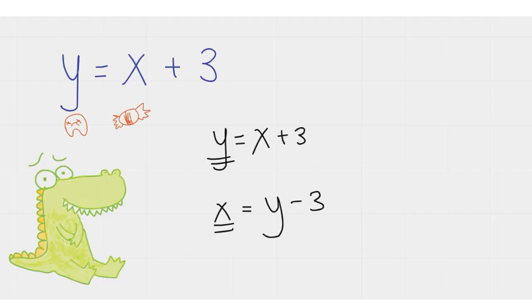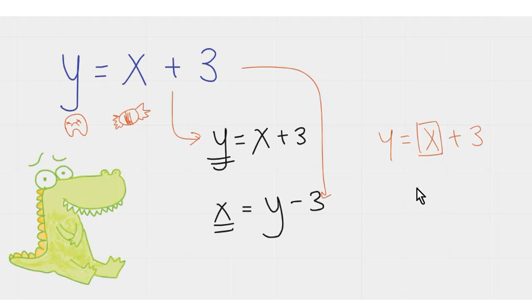I found this equation because it was given to us by his dentist, and I found the bottom equation by rearranging the original equation. So y was equal to x plus 3, and we want to single out x. So we want to move everything else on the right hand side of the equal sign to the left hand side.